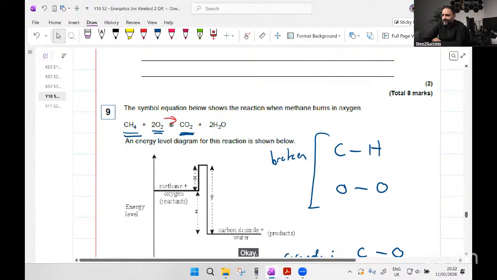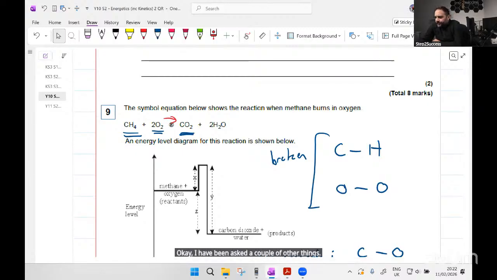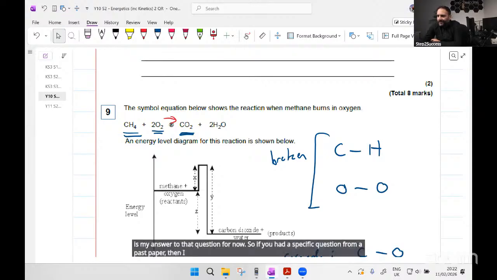Okay, I have been asked a couple of other things. Paper one chemistry, AQA triple science, what do I ask? If I asked for a specific question from a past paper, would you be able to do it? Yes, is my answer to that question for now. So if you had a specific question from a past paper, then I will try and find it quickly and go over it. In the meantime, I received a maths question, which I should just get out of the way now.